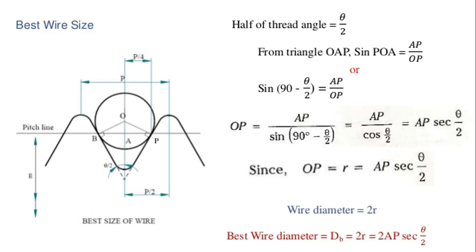Then we may also take it as sin of 90 minus theta by 2 equals AP by OP, where theta by 2 is the half thread angle. Then OP, the hypotenuse, is equal to AP by sin of 90 degrees minus theta by 2.